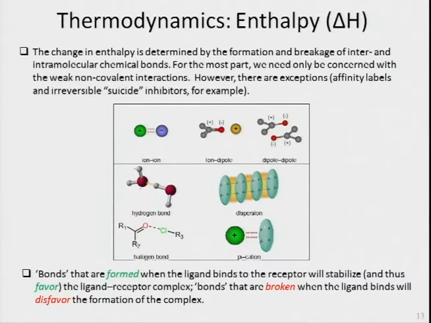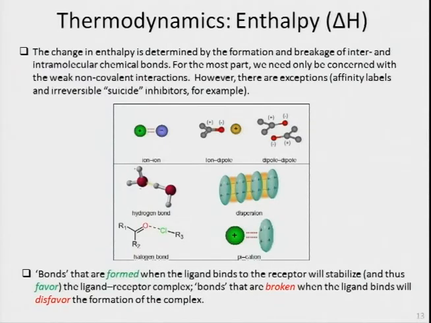So let's talk a little bit about each of the terms individually. The change in enthalpy is determined by the formation and breakage of inter- and intramolecular chemical bonds. For the most part, we only need to be concerned about the weak non-covalent interactions, which we can think of as bonds in quotes. However, there are exceptions where covalent bonds are formed.